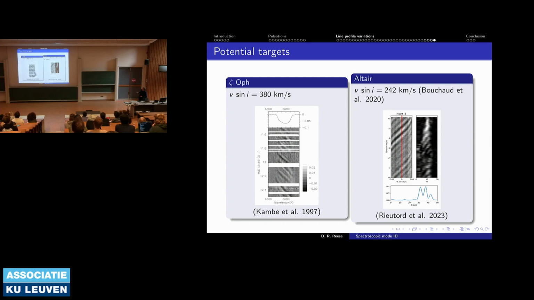And the recent results by Michel et al. showed that, in fact, the line profile variations in here probably correspond to gravito-inertial modes. So it's an interesting result because it would be the brightest hybrid pulsator, Delta Scuti, Gamma Doradus type pulsator known.